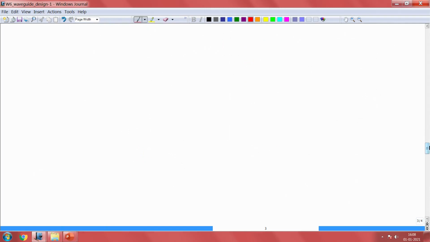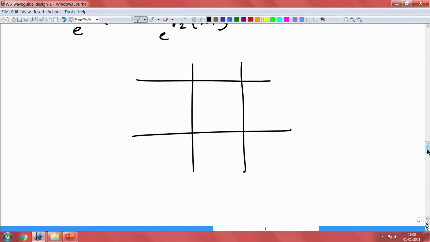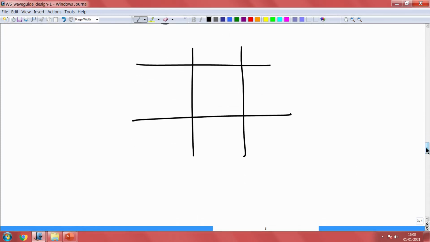So, let us look at how this solution is going to look like. Okay. So, for example, you take a simple waveguide system like this. So, now when we say the electric field, right, the electric field has this fundamental mode, that is the first order or first normal mode, that is the 0th order mode, right. So, how will the 0th order mode look like? Something like this, right.